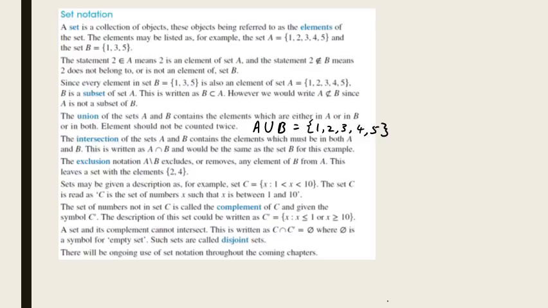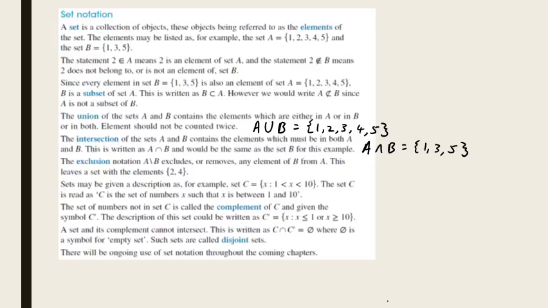If you did A intersection B, then we want to show what's the same in both, which is just 1, 3, and 5. Don't get them confused. Intersection is just showing what's the same. Exclusion shows anything that's in one set but not in the other.